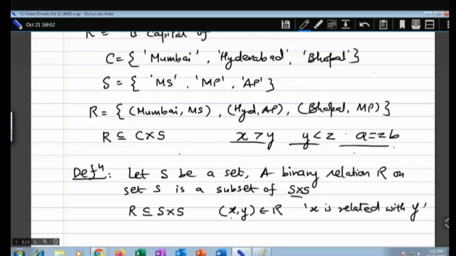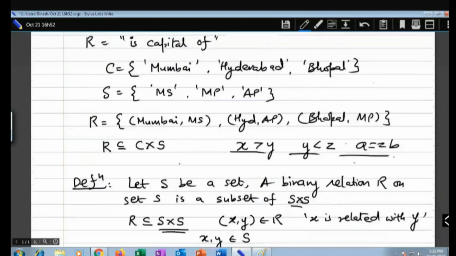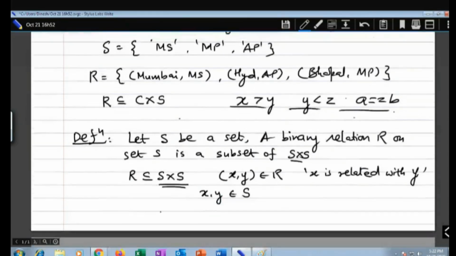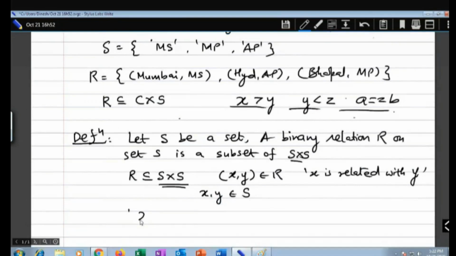And obviously x and y must be in set S. Sometimes it is also denoted as, look at this notation, x tilde sign y. So this is one more notation of the relation.